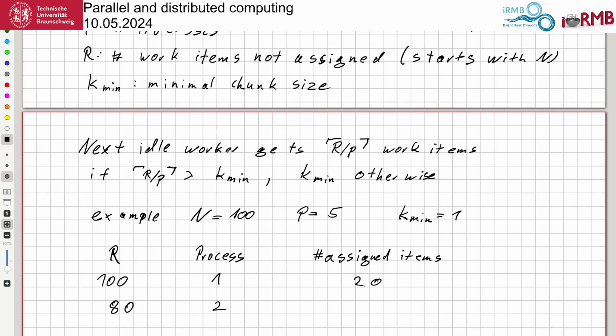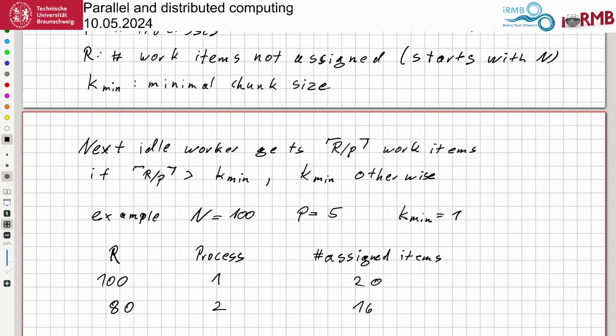So comes the second process. The second process gets 80 divided by 5, which is 16. Yeah, right, you're right. So it gets 16 work items.